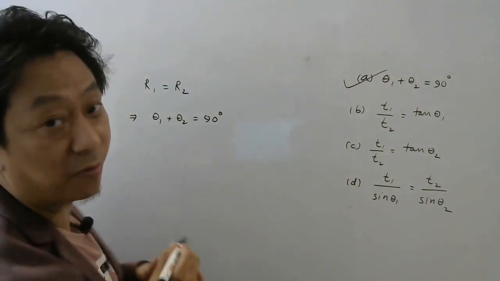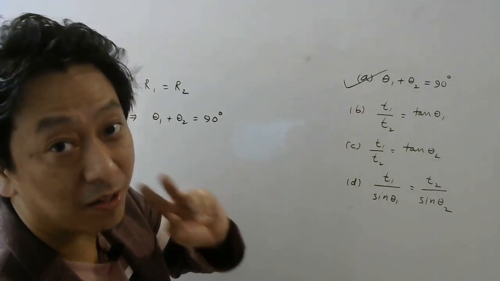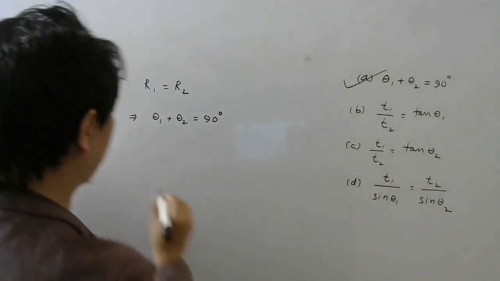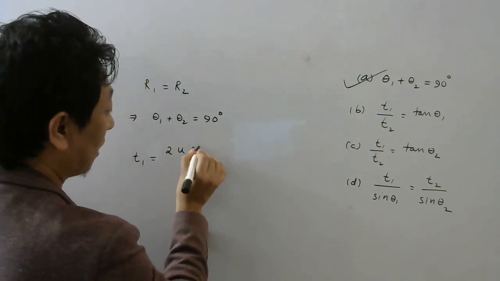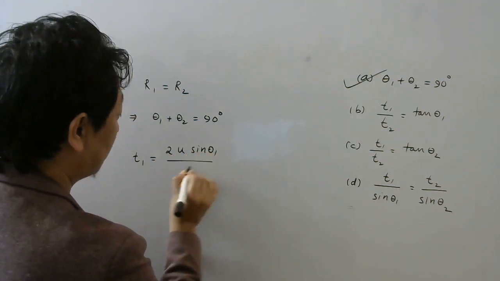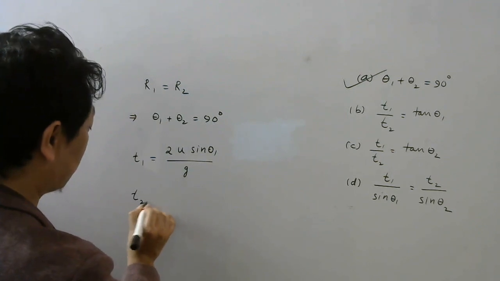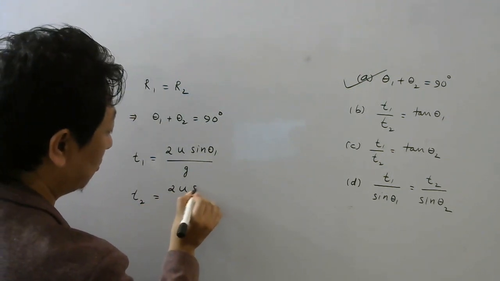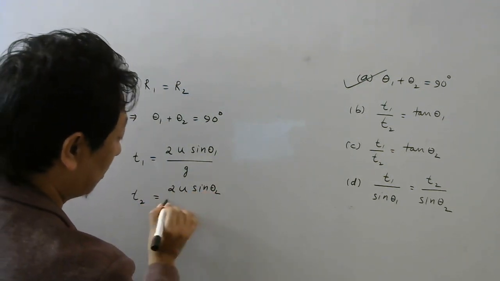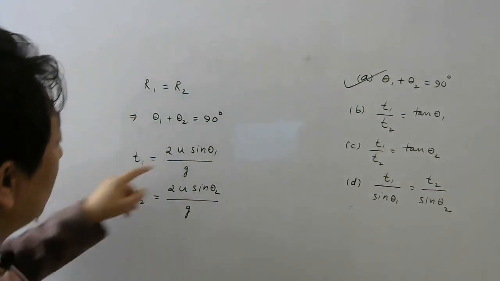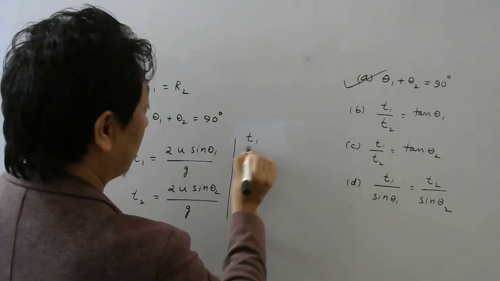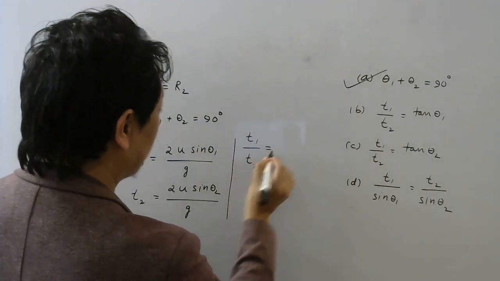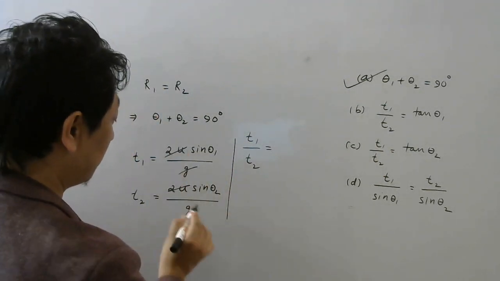Now what about the time of flight? They are saying t1 and t2 are the time of flight for the two angles. Time of flight for the first angle will be 2u sine theta 1 divided by g, and time of flight for the second angle will be 2u sine theta 2 divided by g. Remember, they told the initial speed is same. So if you take the ratio of t1 and t2, you will get 2u and g will cancel.